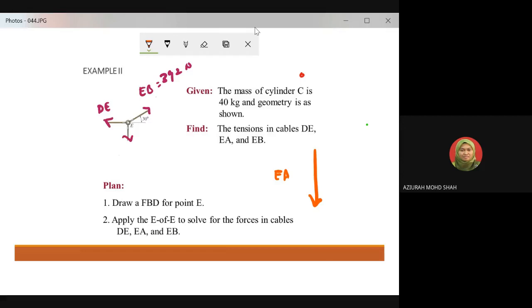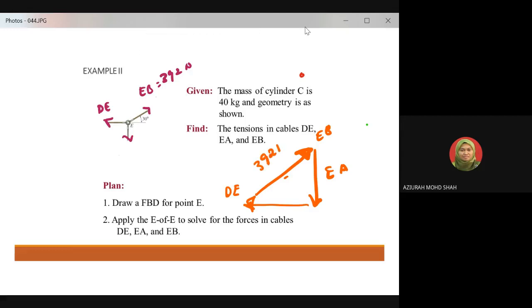Kita boleh sambung dengan DE. DE. Okay, lepas tu kita sambungkan dia dengan EB. This is EA. Dan sambungkan dengan EB. So EB we know this is 392 Newton.